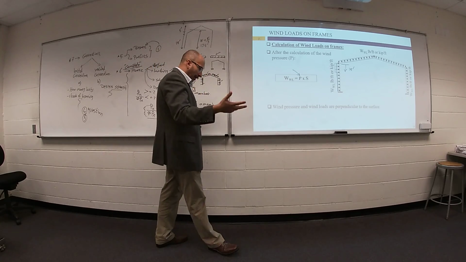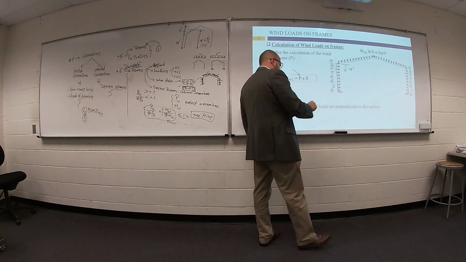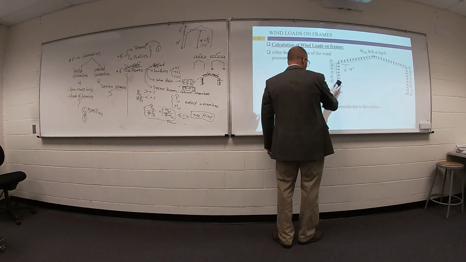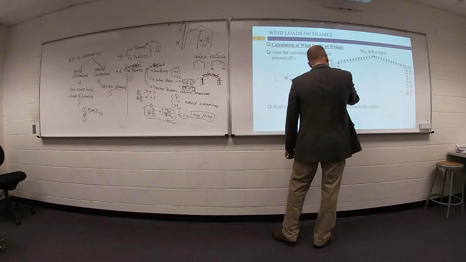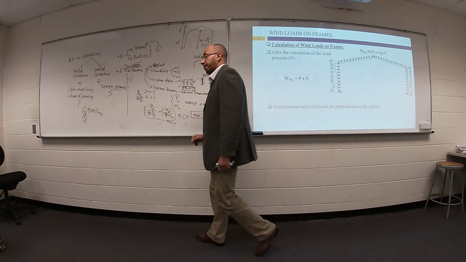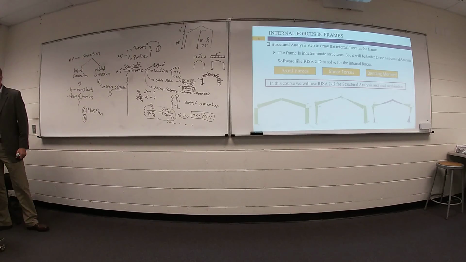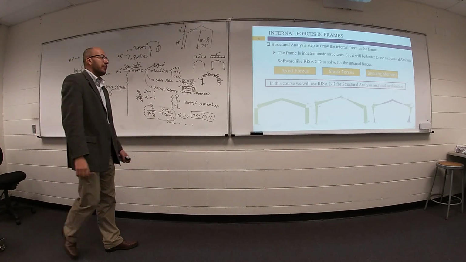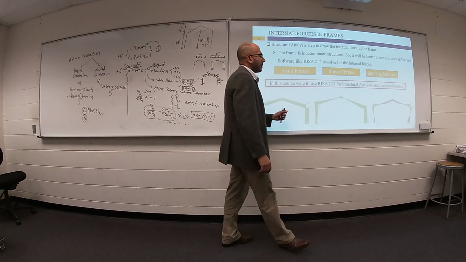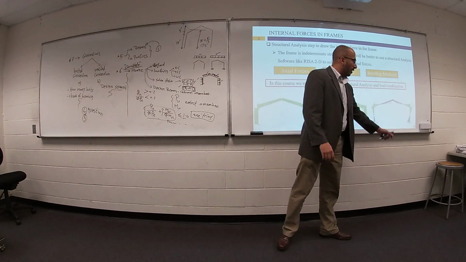Once you get your dead, live and wind loads, go ahead and build your model in RISA, put in your loads and combinations and solve. Once you solve the model, finally you have three diagrams. You need to print this diagram.